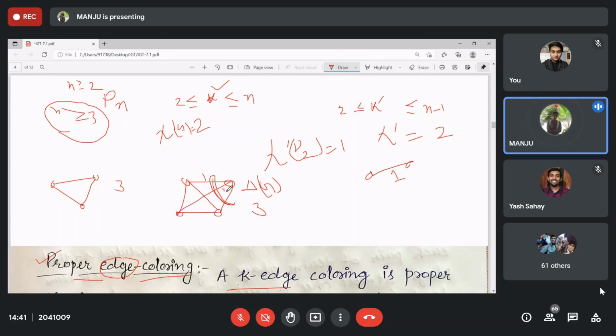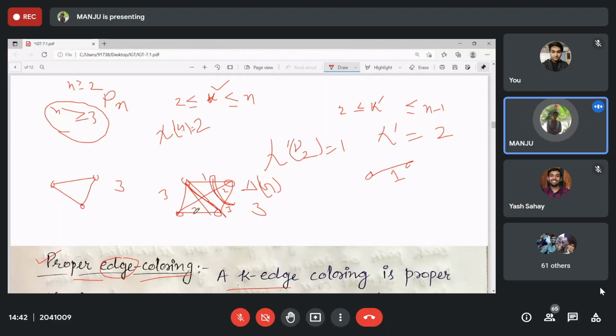1, 2, 3. Then you cannot use 1 and 3 for this one, so 2 you can use. What about this one? You cannot use 1, 2 or 3 here, so 3 you can use. 1 and 2 are adjacent.